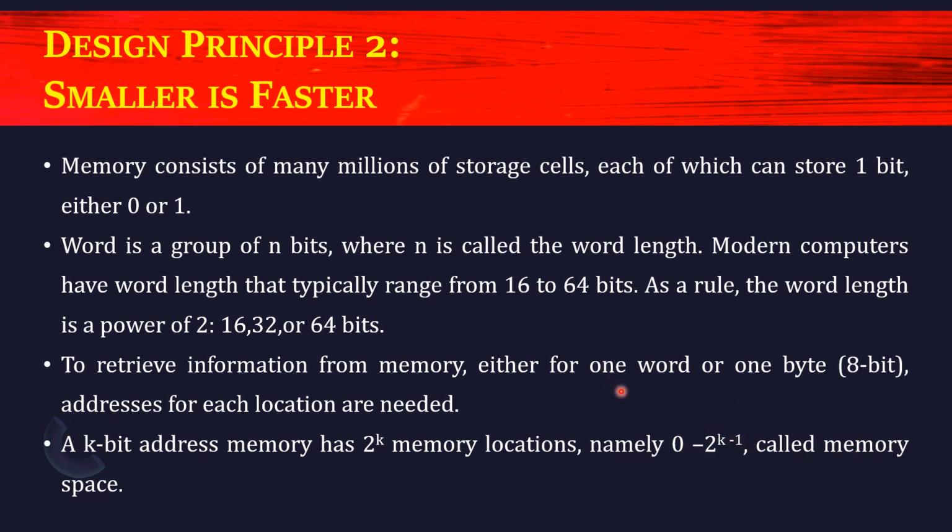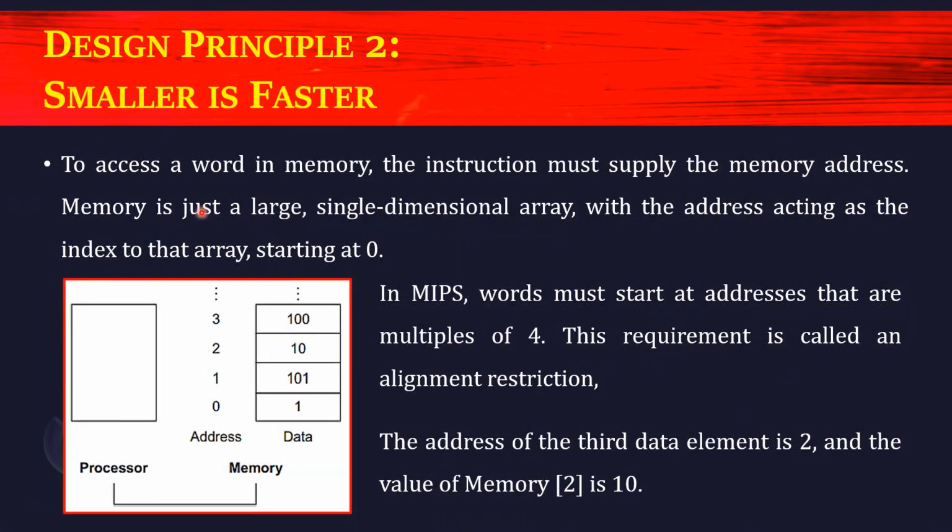To access a word or a byte from the memory, we need to get the address of the particular location. To access a word in the memory, the instruction must supply the memory address. Memory is just a large single dimensional array with the address acting as the index to that array, starting at 0.